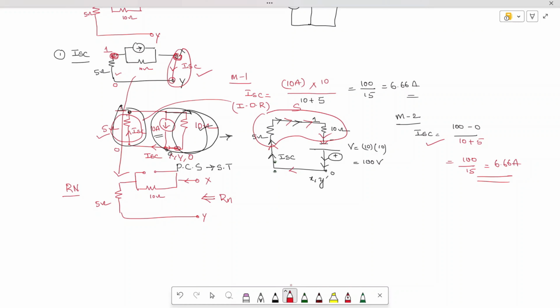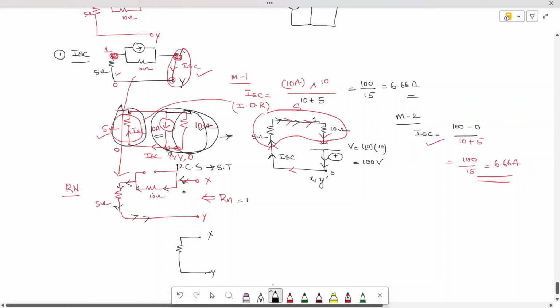Now the current will flow in X, the same current will flow in 10, and the same current will also flow in 5. I can say these two are connected in series. Between node X and node Y the current is flowing, and since the current is not divided, these two are connected in series.